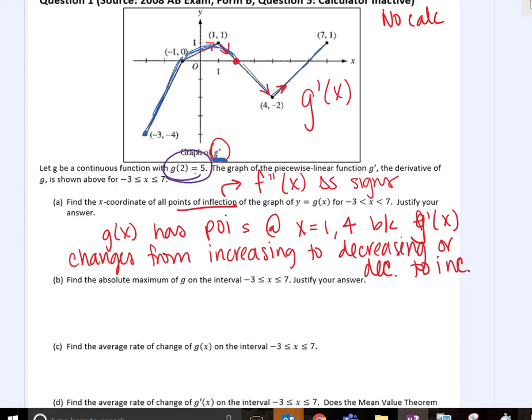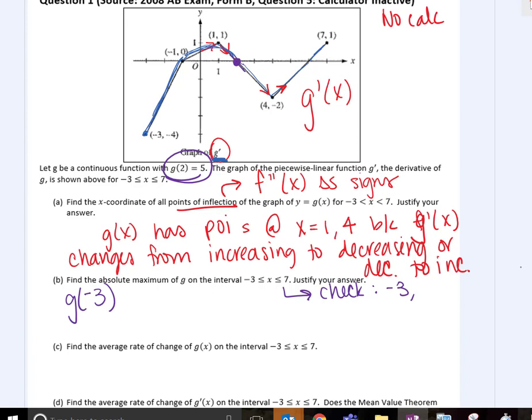So absolute maximum on the interval -3 to 7, I am given the starting point of g of 2 is 5. Now, if we remember when we talked about that integration and those fundamental theorems of calculus, we said, okay, I know that if I'm looking for g of -3, because I know I'm going to be checking, let's write this out here. I'm going to be checking -3. I'm going to be checking 2 because that's where my derivative goes from positive to negative.